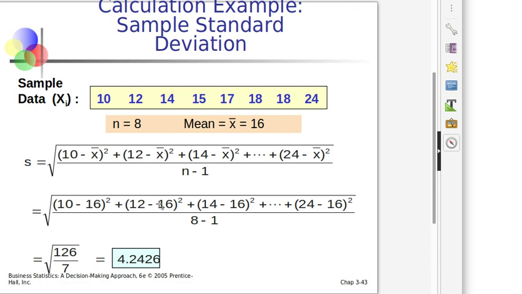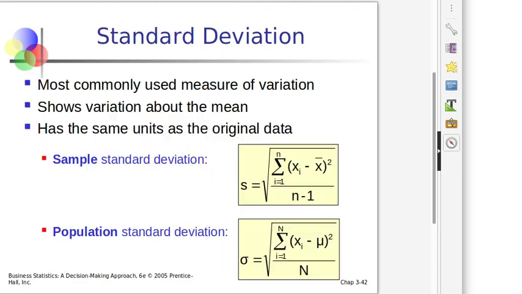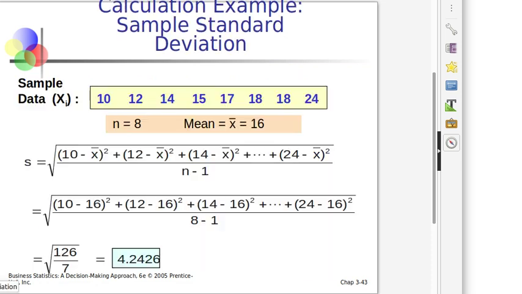So, for the sample standard deviation, we use this formula where the divisor is n minus 1. Here, the sample data for x sub i are 10, 12, 14, 15, 17, 18, 18, 24, where n equals 8 because there are 8 of these: 1, 2, 3, 4, 5, 6, 7, 8.